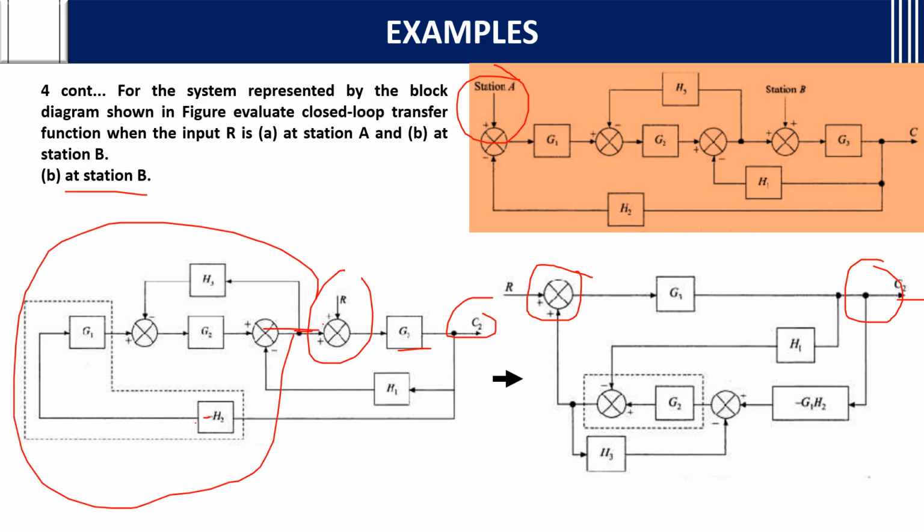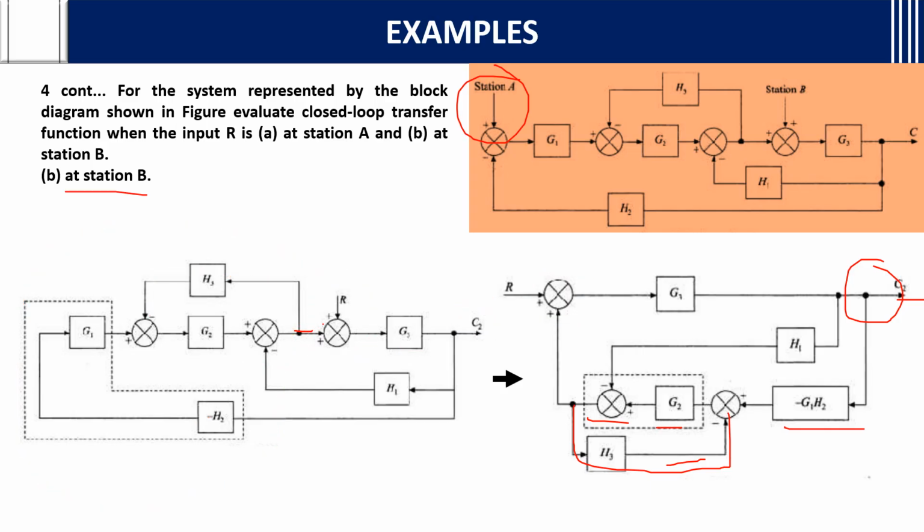Nothing but this is connected to plus, so took plus, then another summing point, then G2, which is connected in the forward path, to H3. So that is also considered. Here, if it is down, it will become input to output, so from input to output you will consider. Then you have minus G1 into H2. Why? Because they are cascaded.